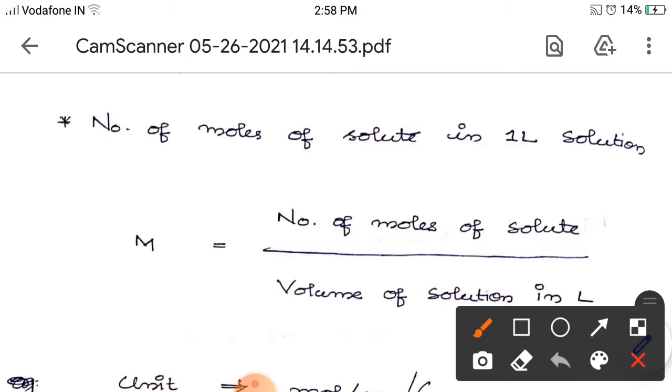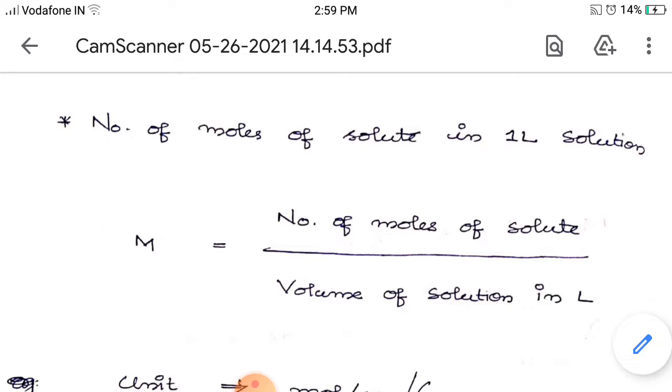The equation denoting molarity: it is denoted by capital letter M, the number of moles of solute divided by the volume of solution in liters. That is how to calculate molarity.